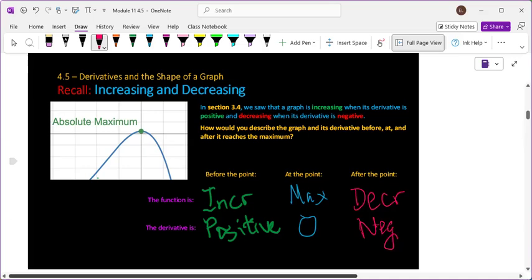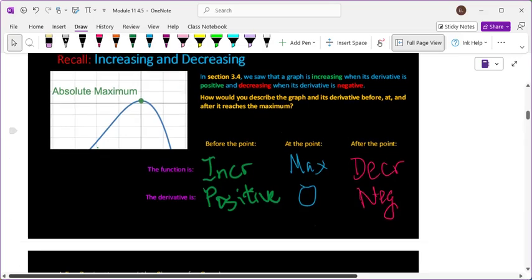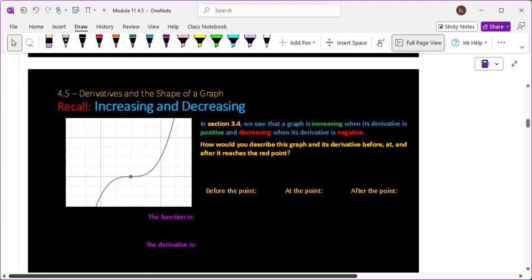So it takes some practice thinking about both of them, especially if you're looking at the graphs of both of them, to correlate between what the function is doing and what the derivative values are that correspond to that function behavior. But that's the big thing we're going to be focusing on today: taking an equation and pulling information about the shape of the graph from the equation by using our calculus knowledge.